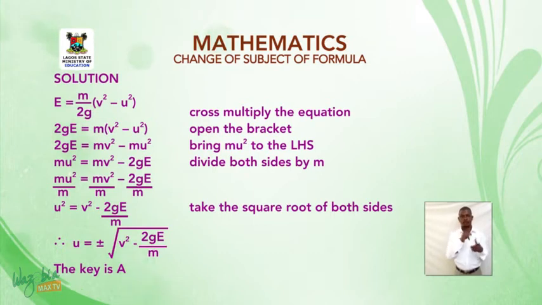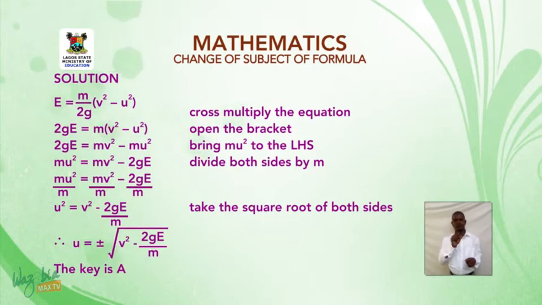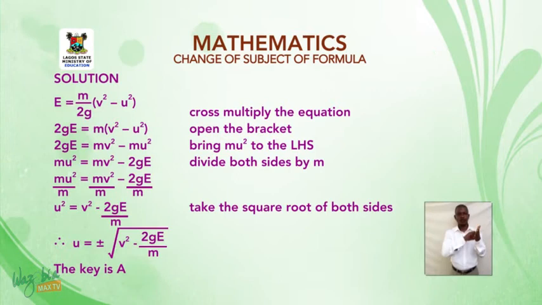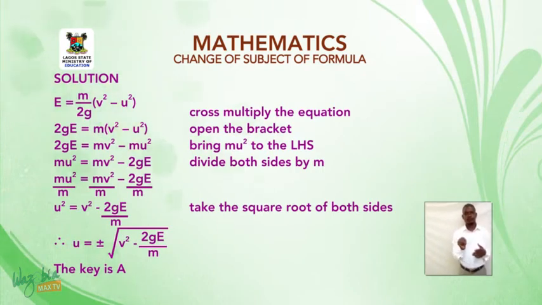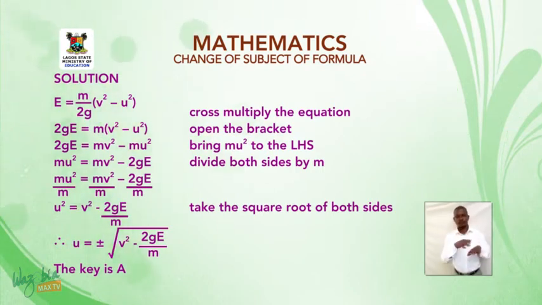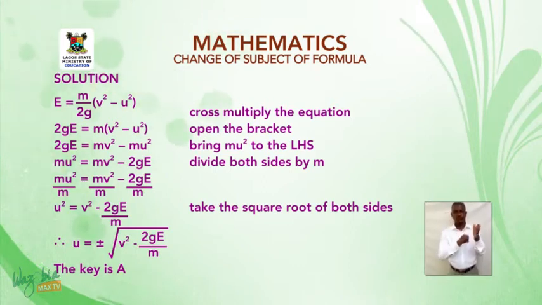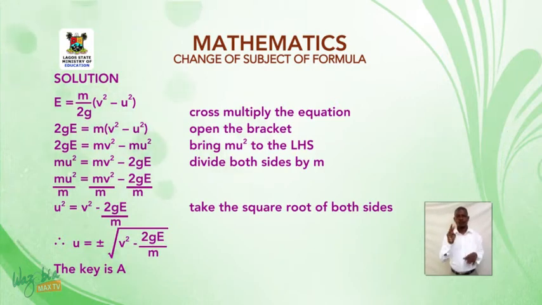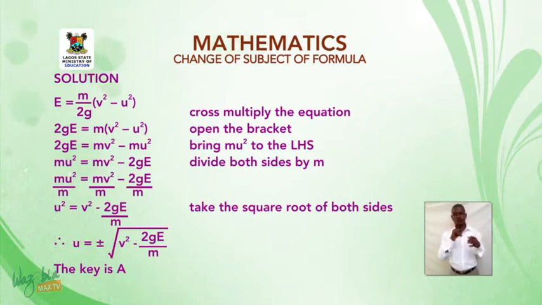Bring mu square to the left hand side. mu square is equal to mv square minus 2gE. Divide both sides by m. mu square over m is equal to mv square over m minus 2gE over m. u square is equal to v square minus 2gE over m.